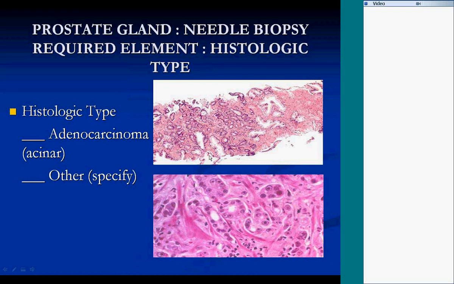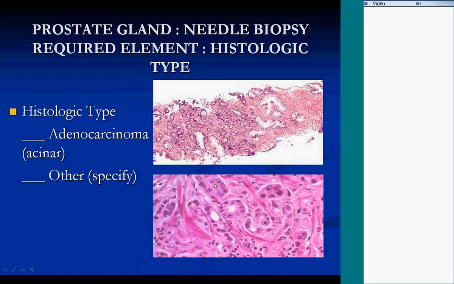And as you can see on the right-hand side, this is a good example of a typical usual acinar adenocarcinoma, and a common grade that's applied in this PSA era, and that is a Gleason grade of 3 + 3 = score of 6. And you can see how the small glands, and prostate cancer is a prototypic small gland malignancy, are infiltrating in and amongst the more benign glands, which are more complex and pale.